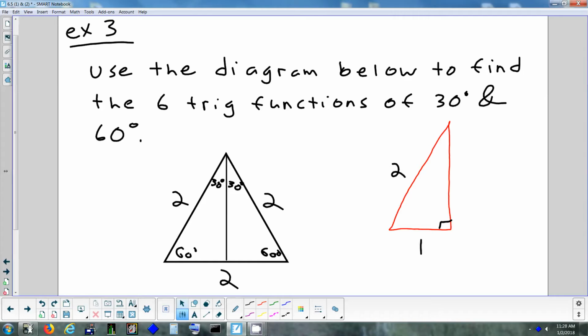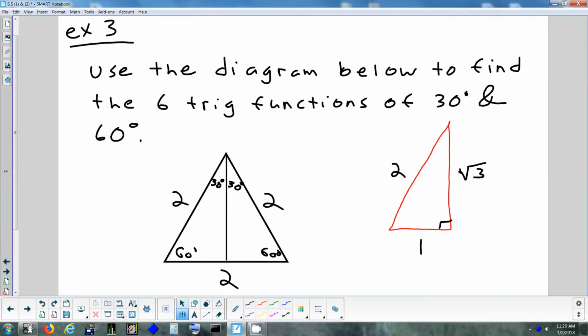And now, to get the last side, what could I do? The Pythagorean Theorem. So if you go through and do it, that's what you'll get. Anybody need me to go through the theorem to get that? Okay.